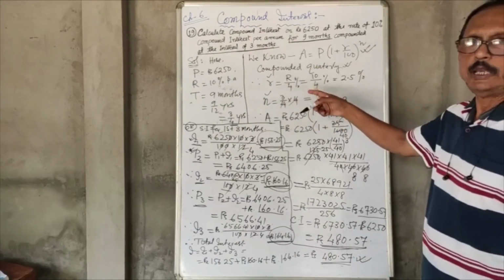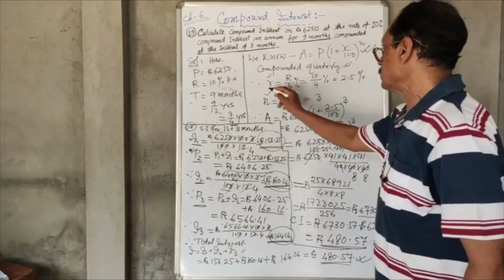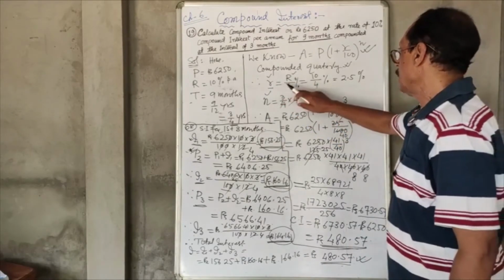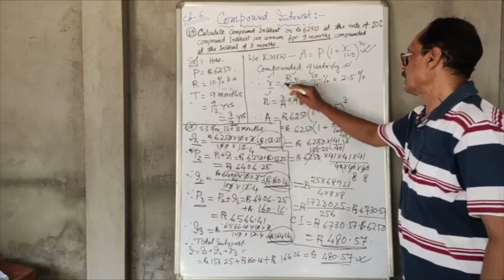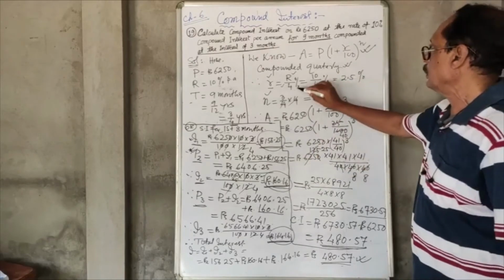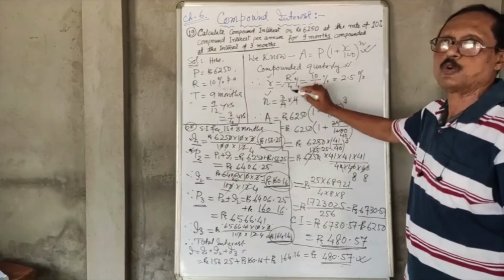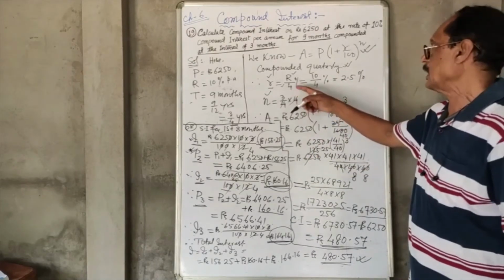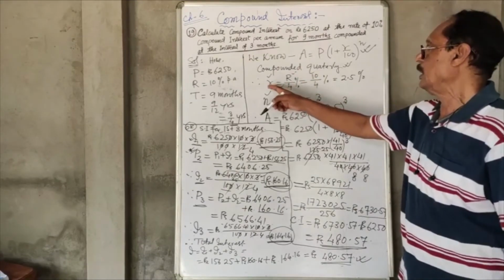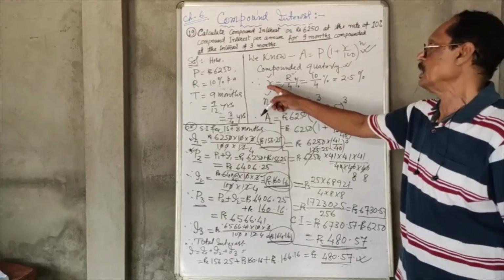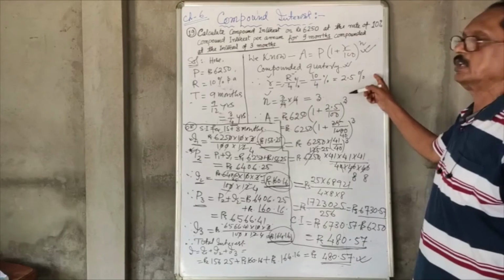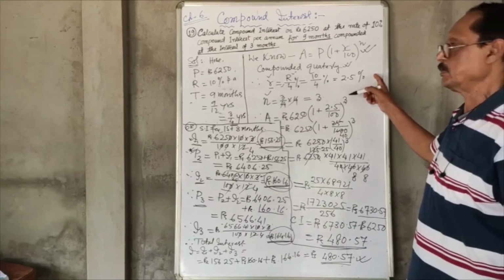The rate per conversion period will be equal to the rate per annum divided by how many times it is converting in a year. When it is converting after 3 months, naturally 12 divided by 3 is 4 times it is converting. So the rate of interest per annum divided by 4 gives the rate per conversion period. So it is 10% by 4, that is 2.5% interest per conversion period.